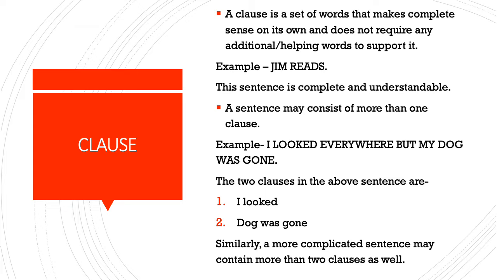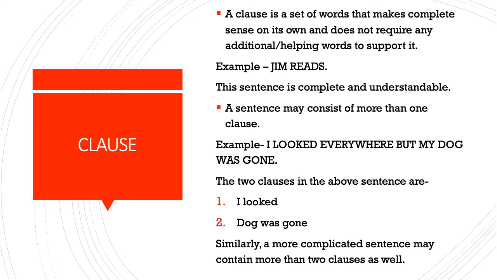Now, a clause is a set of words that makes complete sense on its own and does not require any additional or helping words to support it. For example, Jim reads. Jim is my subject, reads is my verb.